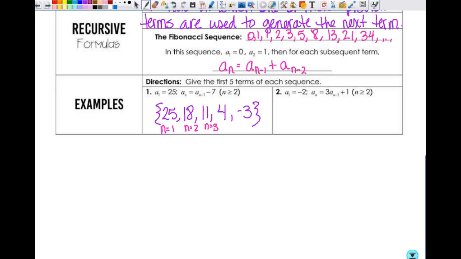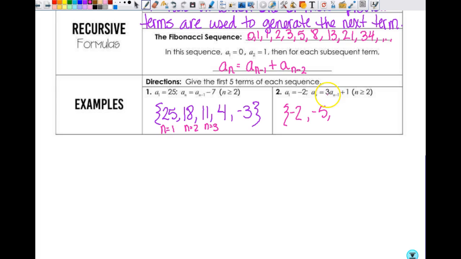All right, let's go ahead and do number 2. Then we'll just jump to one on the back. So here, I have a sub 1 is negative 2. So then to find the next one, I have to do 3 times this. So 3 times negative 2 is negative 6, plus 1 is negative 5. Take negative 5, multiply it by 3.